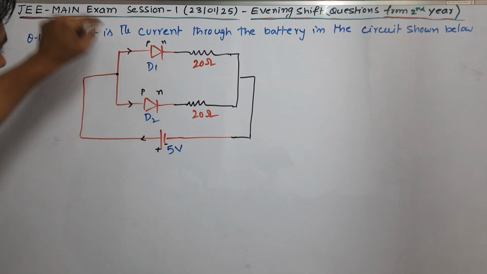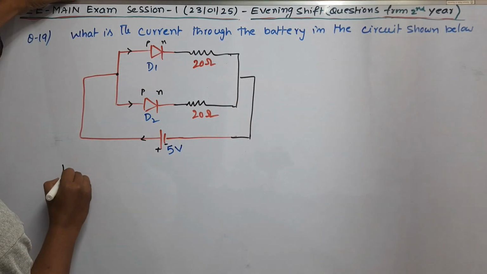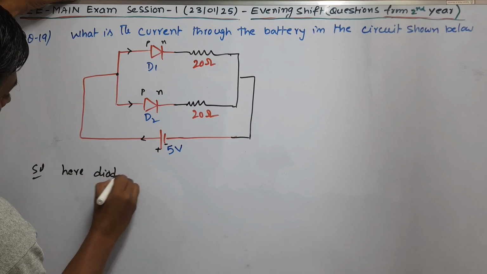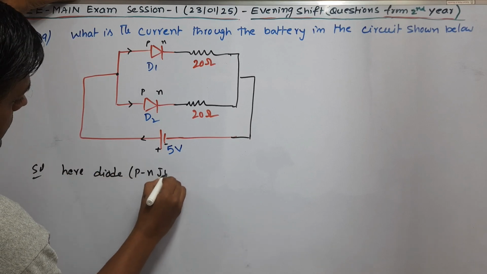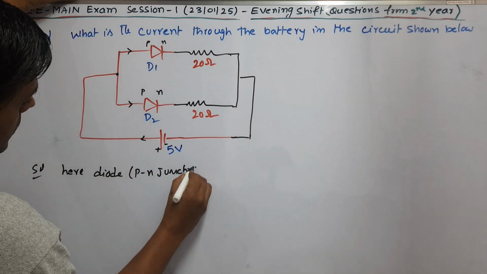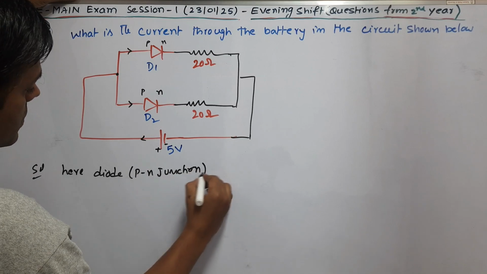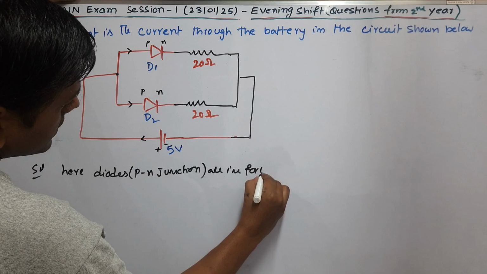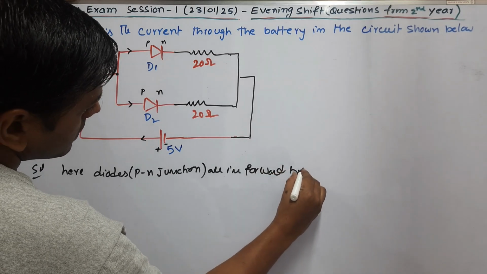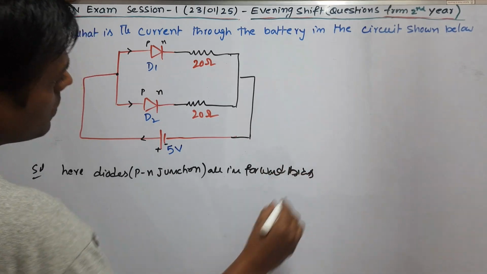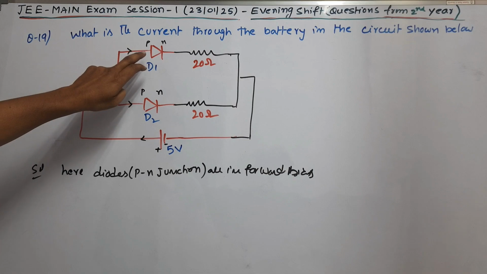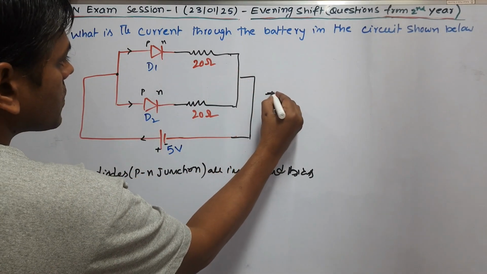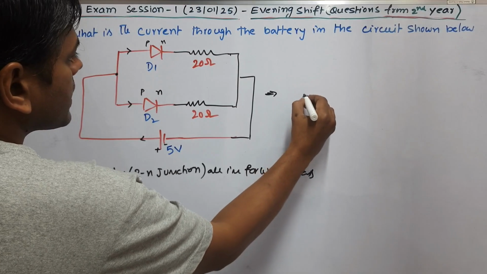Then we can say these PN junction diodes are in forward bias, so that they allow the current to flow through them. So this circuit is redrawn like this.